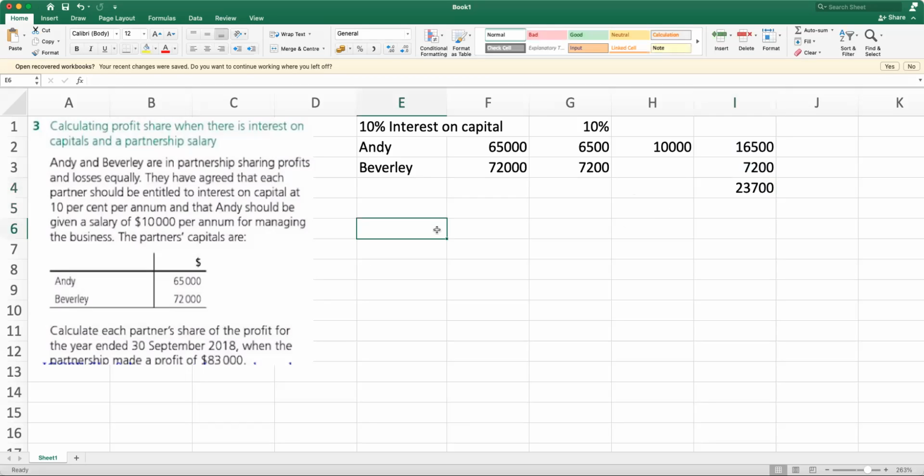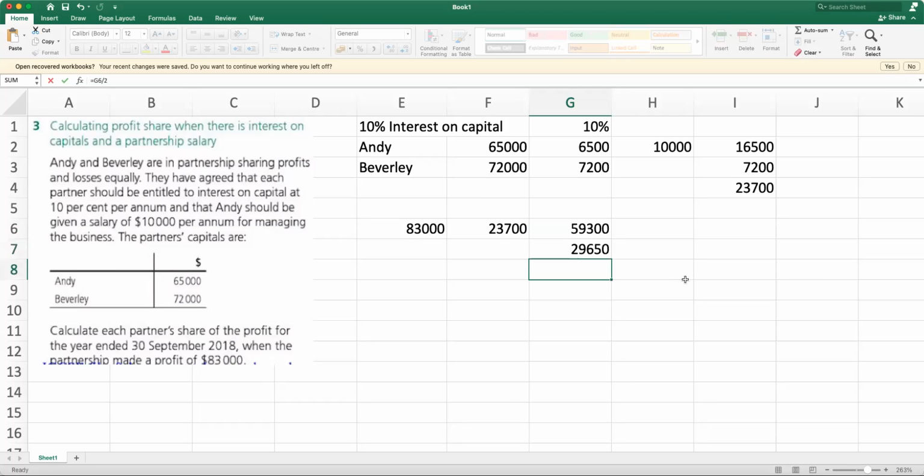So logically, you can think that from 83,000 we need to take out 23,700. Then we are going to share the rest equally. So you take this amount minus this amount, because that will be taken out of your profit, and then the remainder will be shared equally between Andy and Beverly. So the amount that will be shared will be this divided by 2. This is just a conceptual way of thinking about what we're supposed to do here.